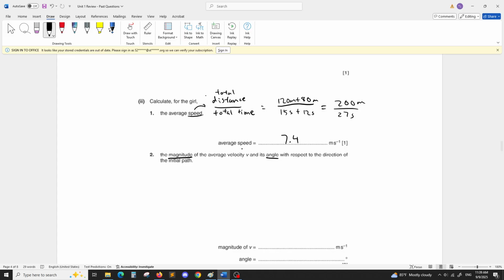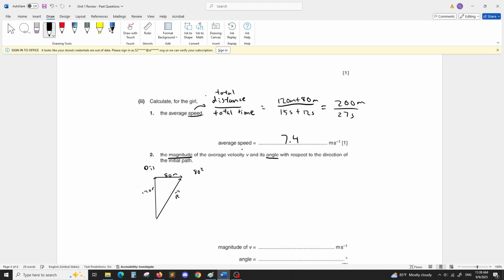So let's redraw this diagram. So then we know that the magnitude, oh wait, I think I should clear this up, but this is displacement. It's easy to get confused, so you have to remember what you're talking about most of the time.